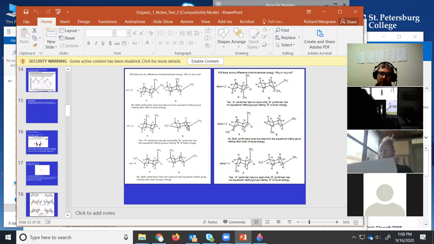But you'll also notice that in situations where one is axial and one is equatorial, neither are favored because they both have the same energy. So it's going to be 3 that have a favored one and 3 that don't. So I'd recommend just practicing each of those 6, and you'll be fine.